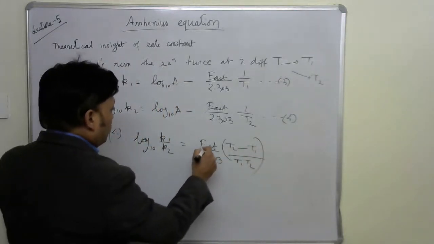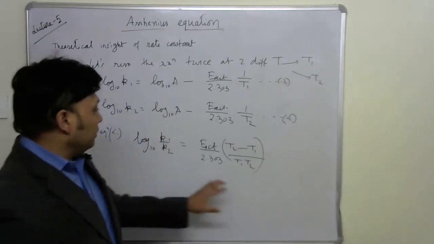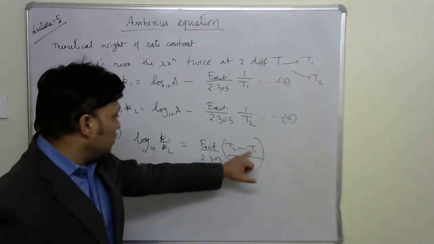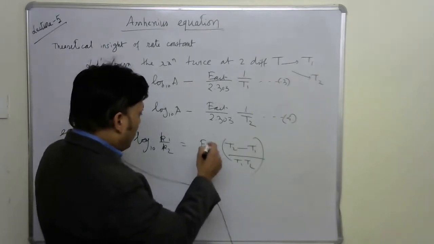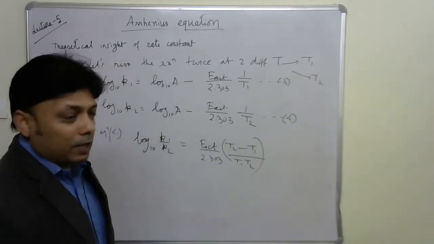So by fitting the data T2, T1 and k1, k2, we can solve for the energy of activation, E_act.